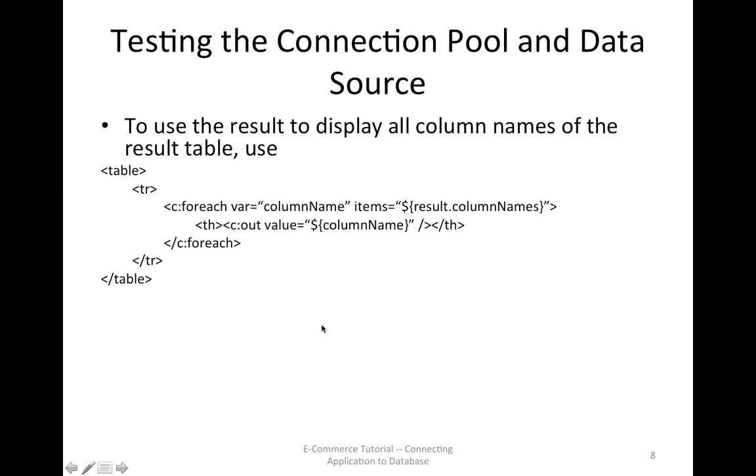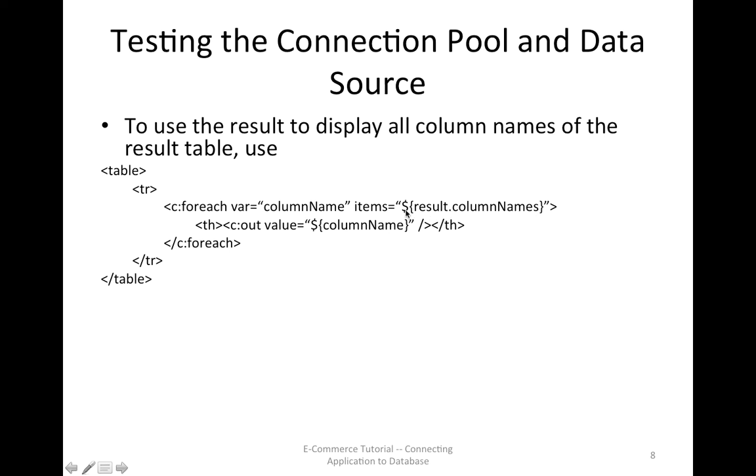To use this result to display all column names of the result table, we can use the following code. First, this is the HTML table tag. The tr tag groups a row of the table. In each row, we will do this: for each item in result.columnNames.